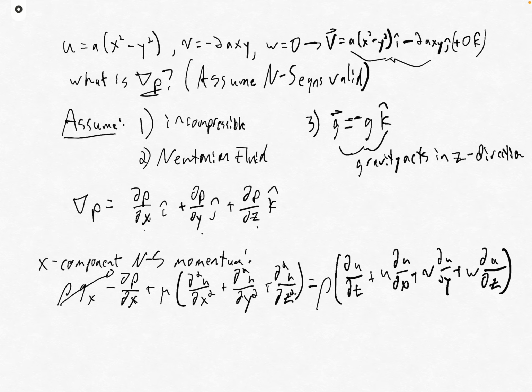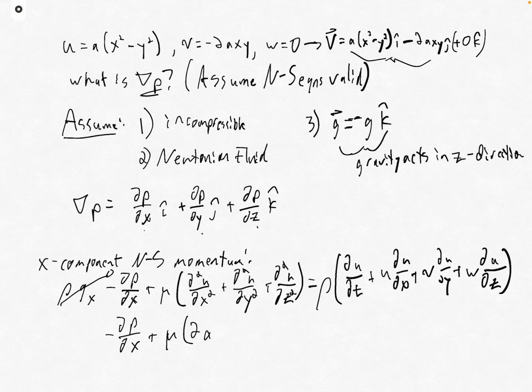But now let's look at this viscous stress term. Let's start writing out our terms here: minus dP/dx plus mu times the second derivative of u with respect to x, which is going to be 2a, plus the second derivative of u with respect to y.